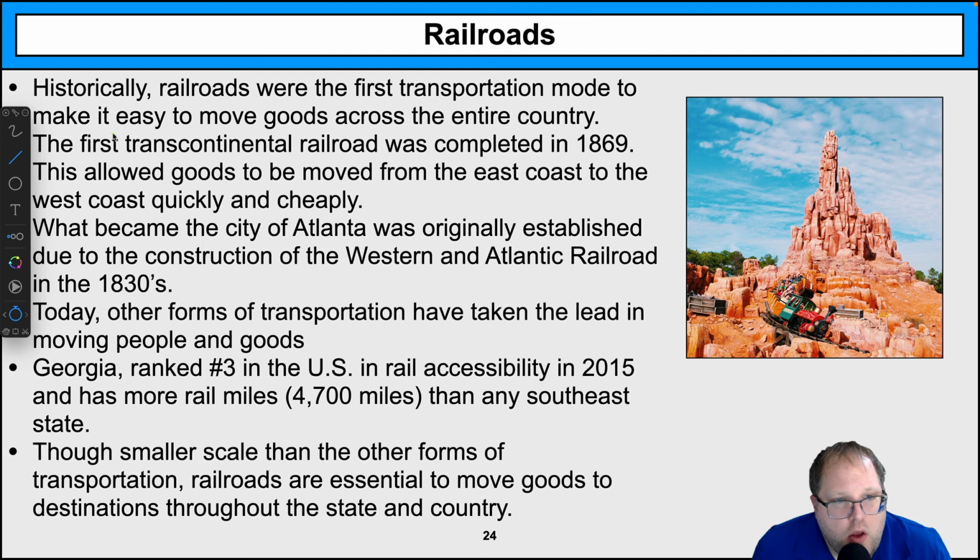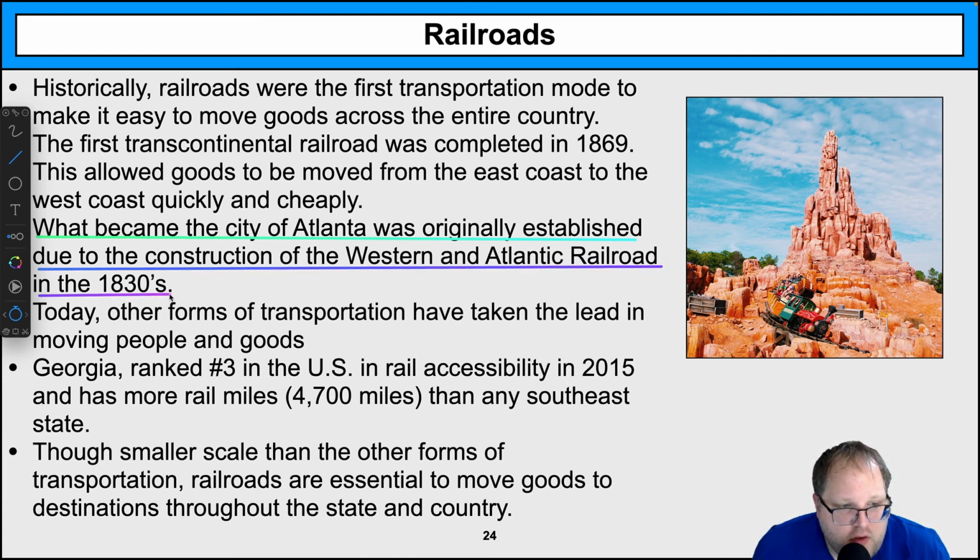Railroads. If we were to go back to the late 1800s and early 1900s, the railroad system would have been one of the most crucial ways to move people and goods all around the country. As a matter of fact, Georgia's capital city, Atlanta, was established because of its railroad usage.